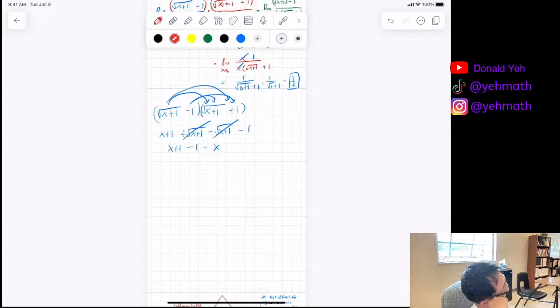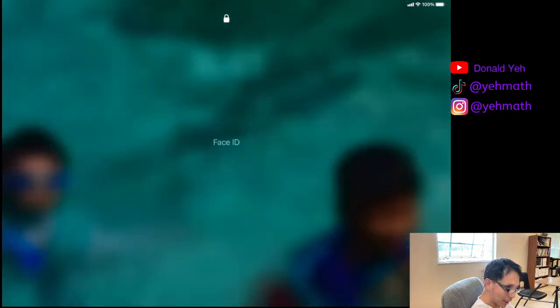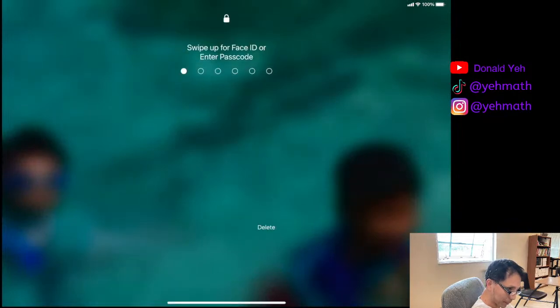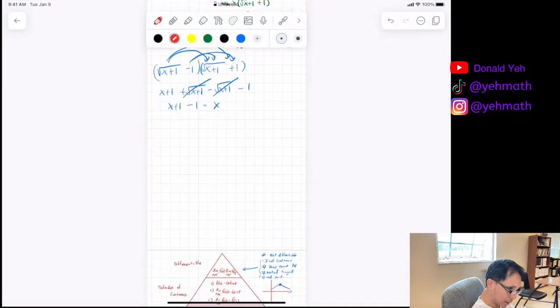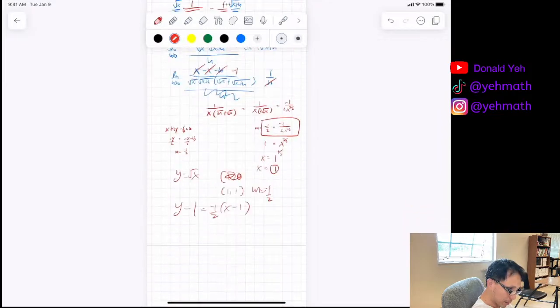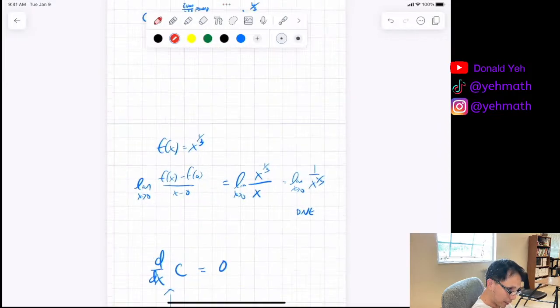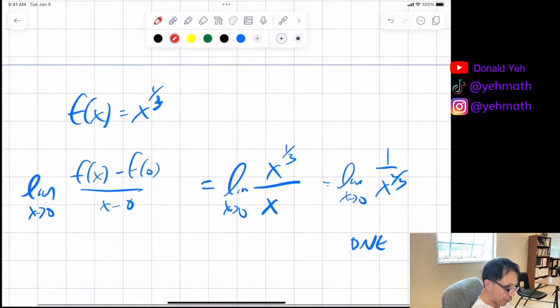Why can't you have a vertical tangent? Okay, I'm gonna show you. Assume that you don't know how to use the power rule. If I just use the alternative definition of derivative, that's going to be f of x minus f of 0 over x minus 0.